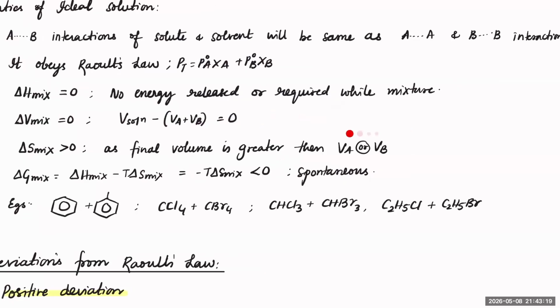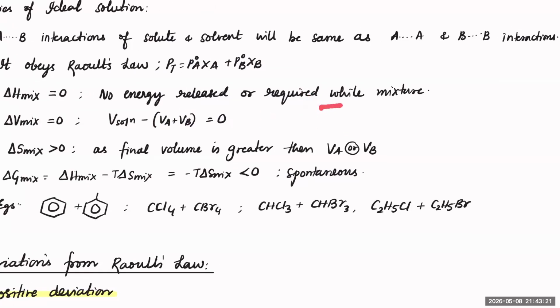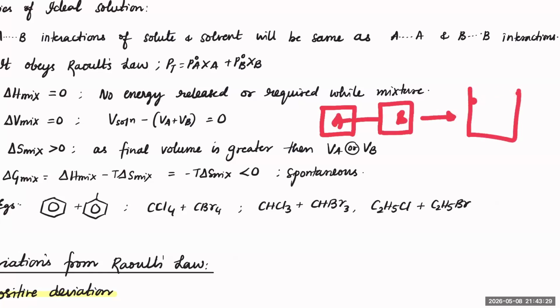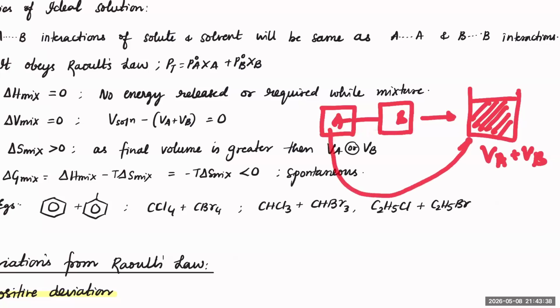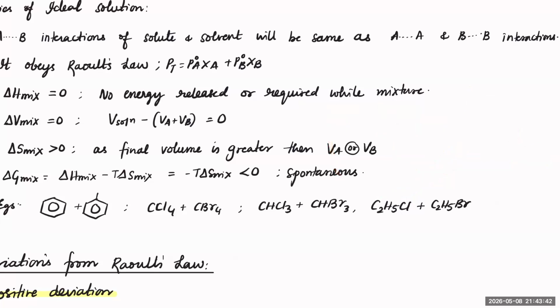Now, it's like this. Let's say you have a container here and another container here, A and B. Both of them are mixed and made into a large container of volume Va plus Vb, correct? In that case, the solute particles of A and the solvent particles of B in the mixture both will have more space to move around.